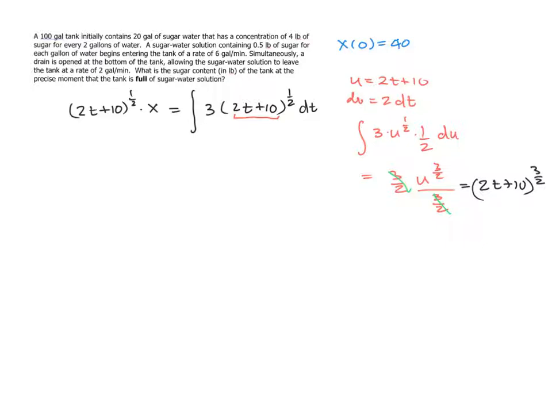So we're going to have a 2t plus 10 to the 1/2 on the left-hand side times x is equal to a 2t plus 10 to the 3/2 power plus c on the right side. Once again, we divide to isolate the x of t.